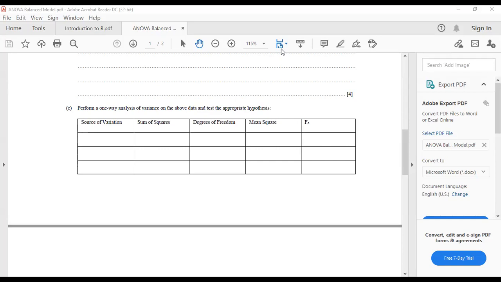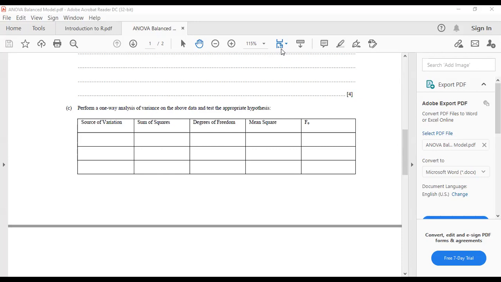Excellent. Can she repeat the value of the big N times the grand mean squared?